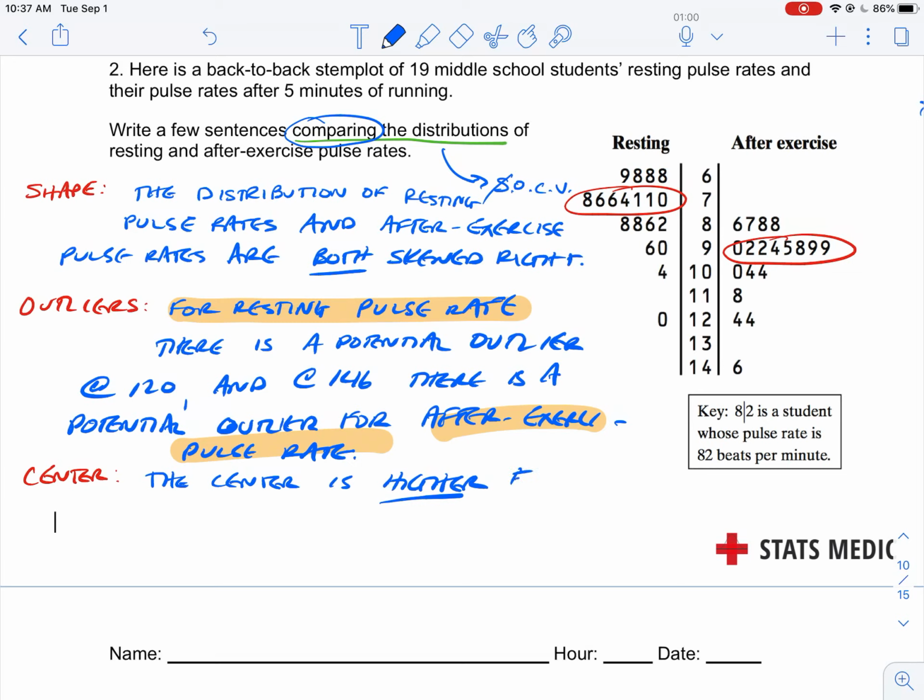Higher for after exercise than resting. So I've included my context in there. I've also used comparative language, but also, that makes sense, right? Not that I'm using this anecdotal evidence to justify my answer, but it makes sense that the after heart rate would be a little bit higher.